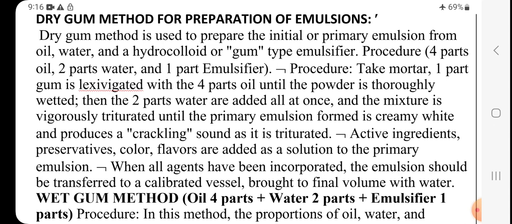Then active ingredients, preservatives, color, flavor are added as a solution to the primary emulsion. When all the agents have been incorporated, it is transferred to the vessel, and you have to make the final volume with water. This is the first method.